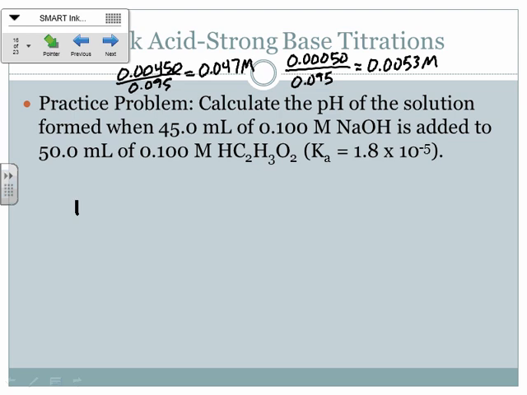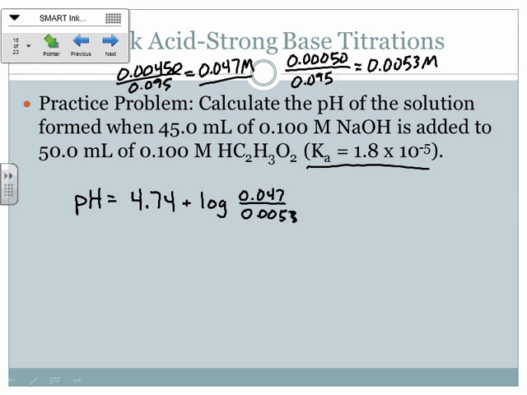So then your pH is equal to the pKa. Now the Ka is given to us here, 1.8 times 10 to the negative fifth, finally, which is 4.74, plus the log of the base concentration over the acid concentration. Okay, the base concentration is right here. Probably should have labeled these. 0.047 divided by 0.0053. Okay.